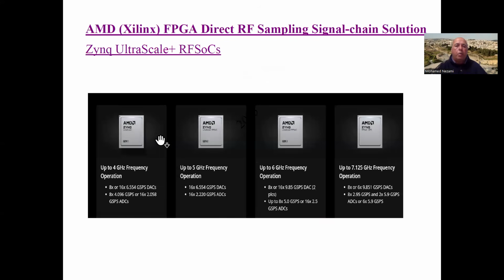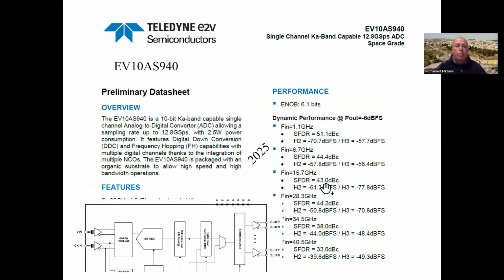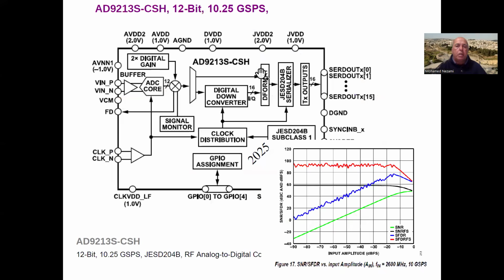So now Xilinx, as you all know, has the RFSoC, and it's very much the same thing. In the past, these devices were basically just an ADC, but now they include all of these functions. There are years and years of work by people inside FPGAs.